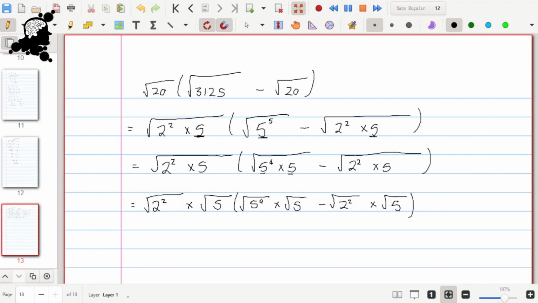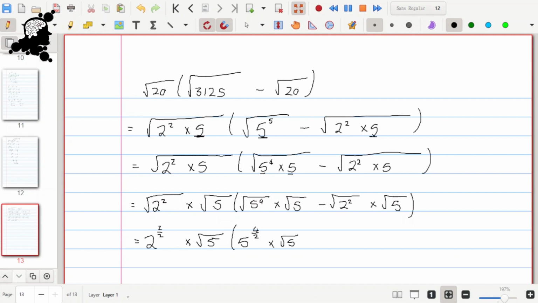Wonderful. So now, the square root of 2 to the power 2, we can write this as 2 to the power 2 over 2, times, I'm going to leave the square root of 5 as it is. Then the square root of 5 to the power 4 is 5 to the power 4 divided by 2. If you remember from your laws of exponents, square root is power half. That's why we've got the denominator of 2.